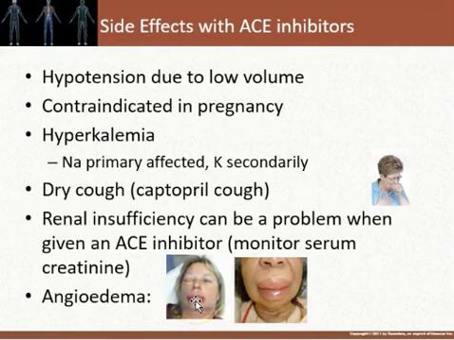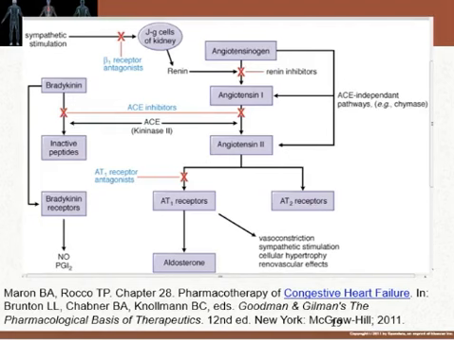And this angioedema can occur 4 to 5 weeks after therapy has initiated, or as late as 6 months. Okay, and so typically when patients have angioedema, that's usually a good reason to discontinue the medication and go to another drug class.